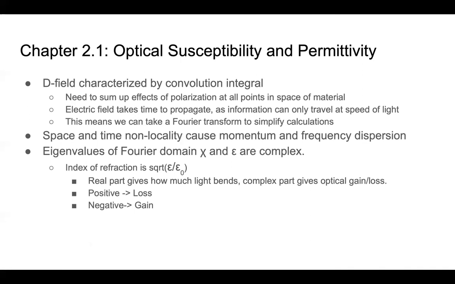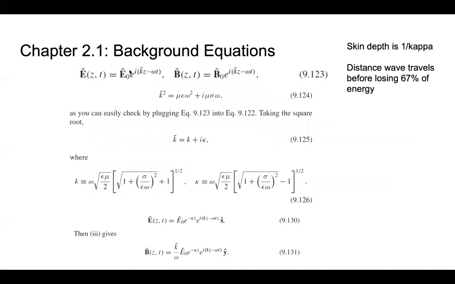So k is complex. So it's a real part of k plus i times the imaginary part of k. So you can kind of see it there. Oh yeah, the equations are here. So the k is real, and then the imaginary part.